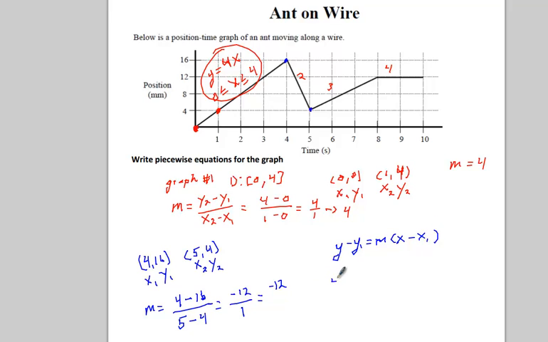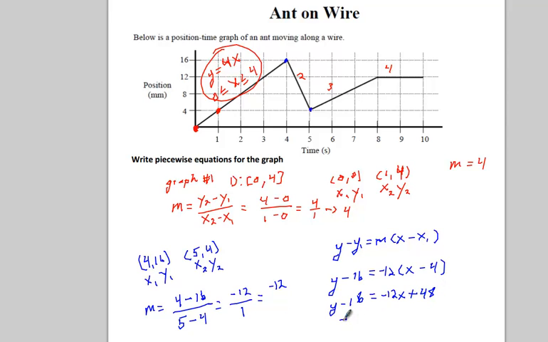I'm just going to plug in what I already have. y minus y1, which is 16, equals negative 12 times x minus x1, which was 4. Go ahead and distribute. So y minus 16 is equal to negative 12x plus 48.